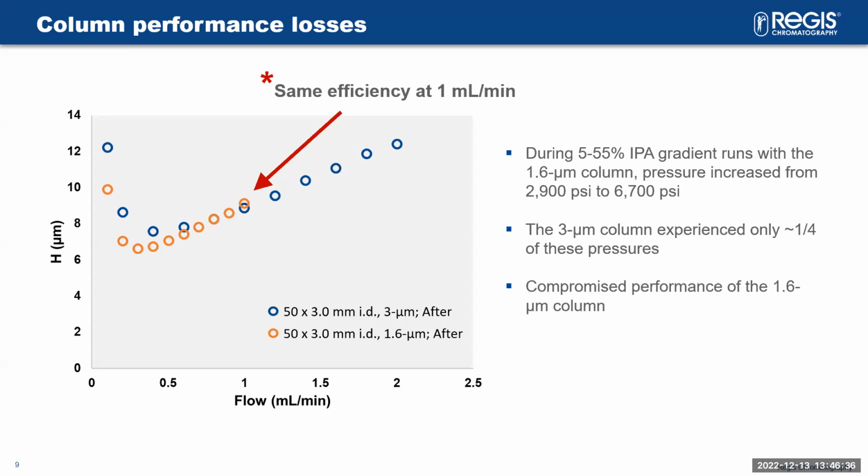So it seems likely that the high pressure cycling that we were using, especially during those gradient runs with the 1.6 micron column, resulted in some shifting of the packed bed and some ultimately deteriorated performance.